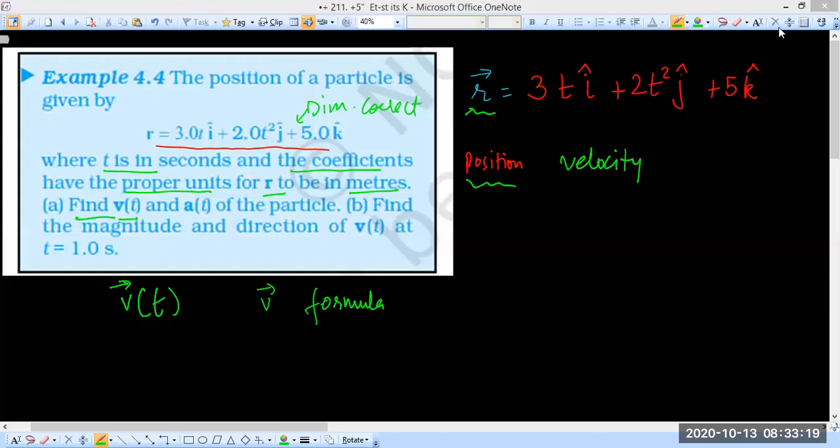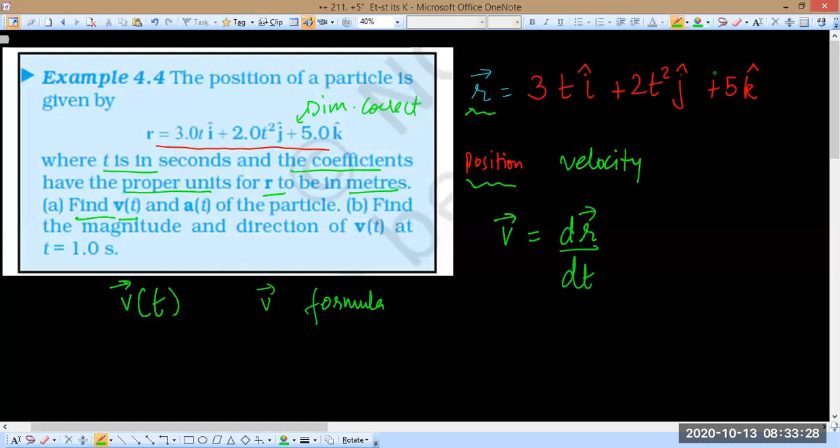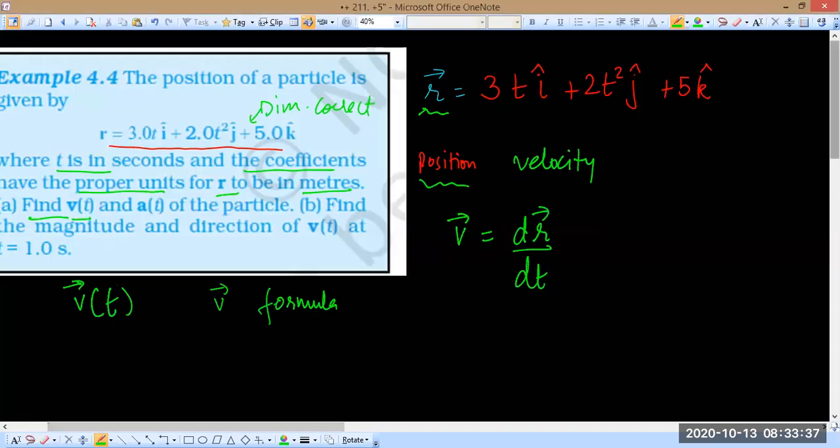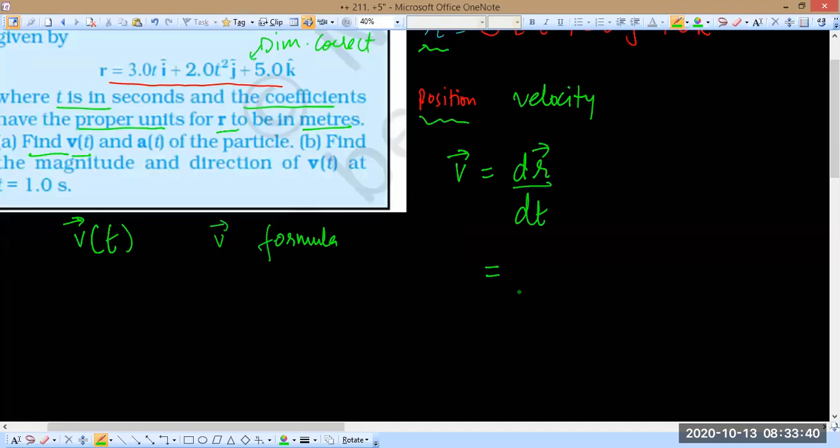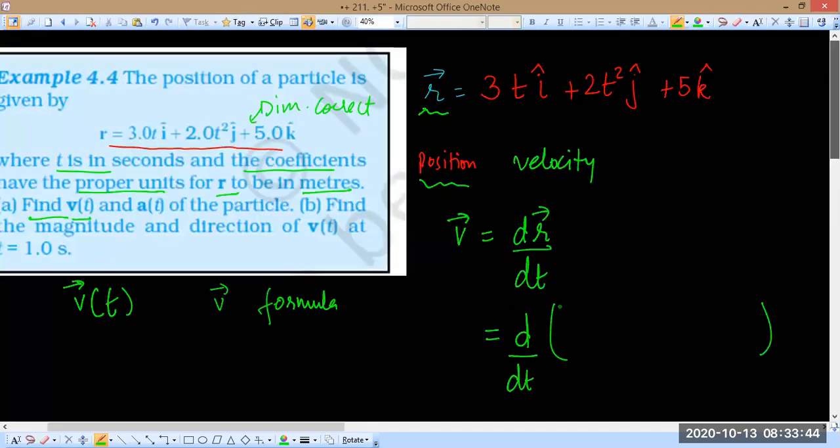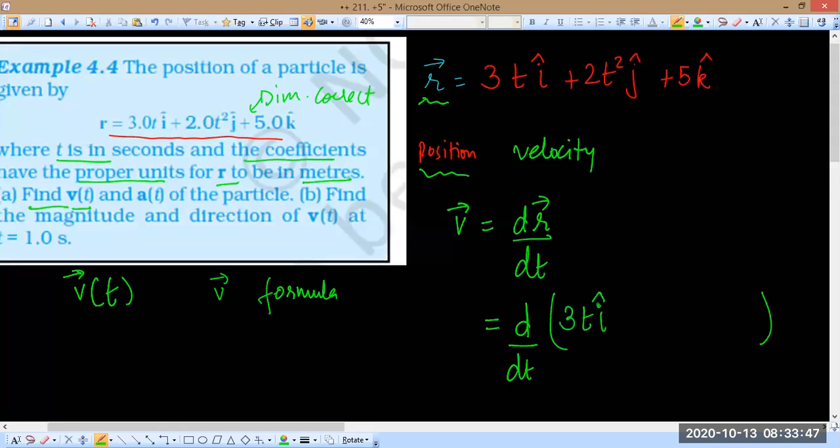Okay. So now the correct answer is v vector equal to dr vector by dt. So let's put it here. So d by dt, instead of r vector, I'm going to write this big thing: 3t i caret plus 2t square j caret plus 5k caret.